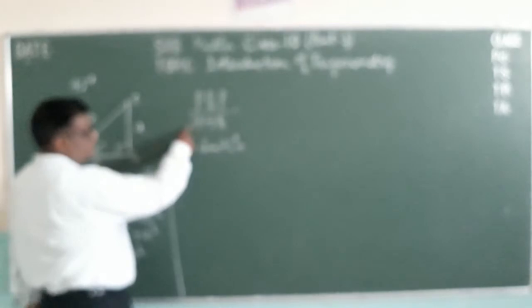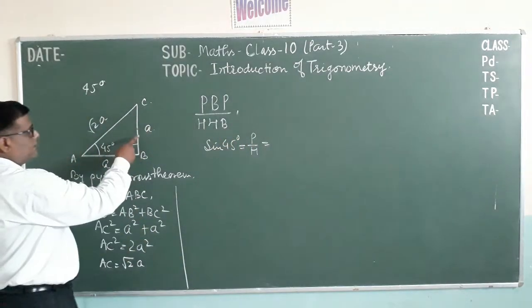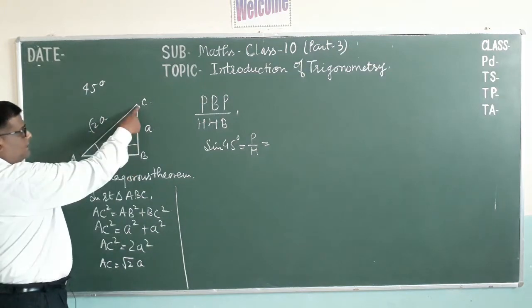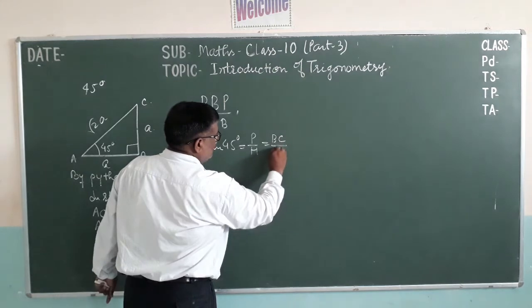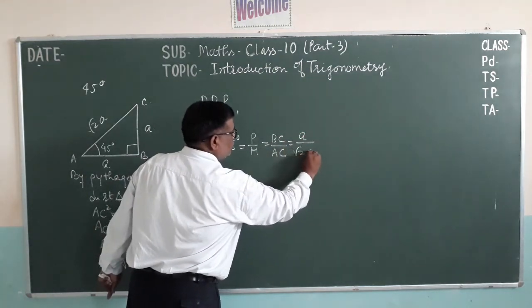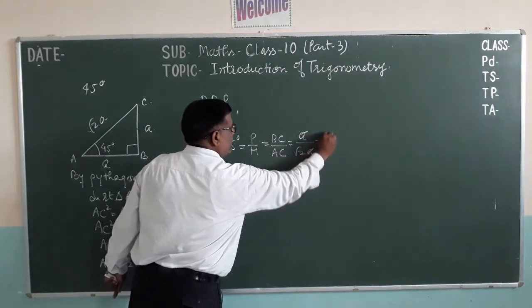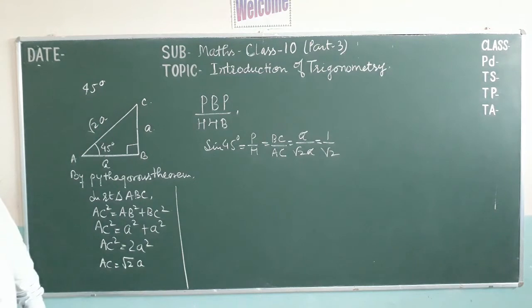Now what is the sine? That is P by H. Here P by H, and P in this figure is BC upon AC. BC is equal to A, AC is equal to root 2A. Now this will be cancelled, and here this is 1 by root 2.